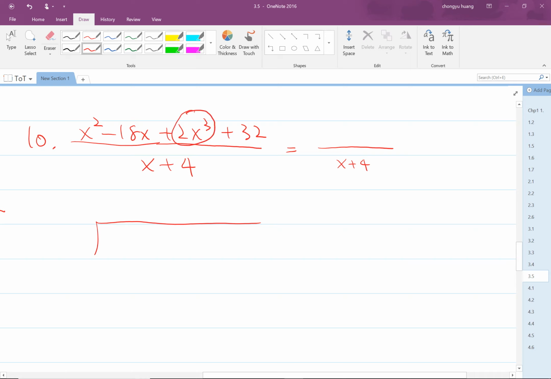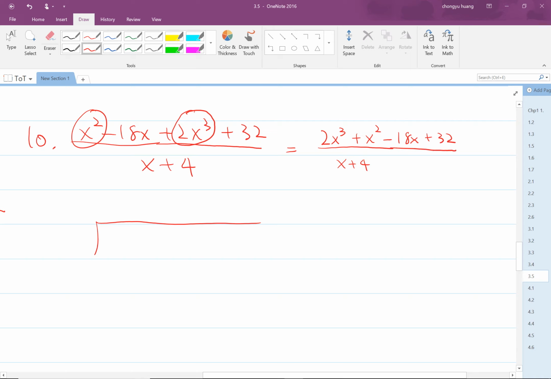You can see there is a 2x to the power 3, right? x to the power 3 is the highest power. So you want to make sure you put the highest power as the first term, and then we have x to the power 2, which you put as the second term, and then we have negative 18x plus 32.